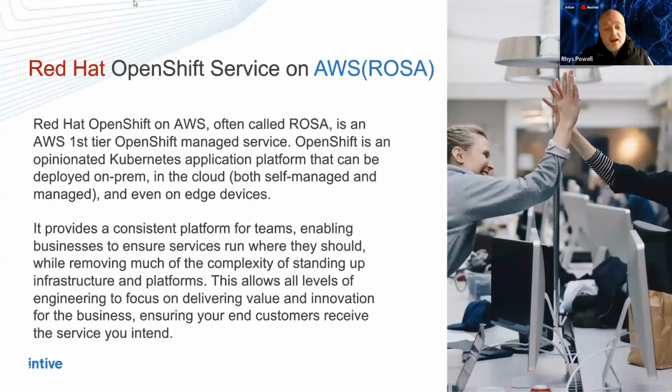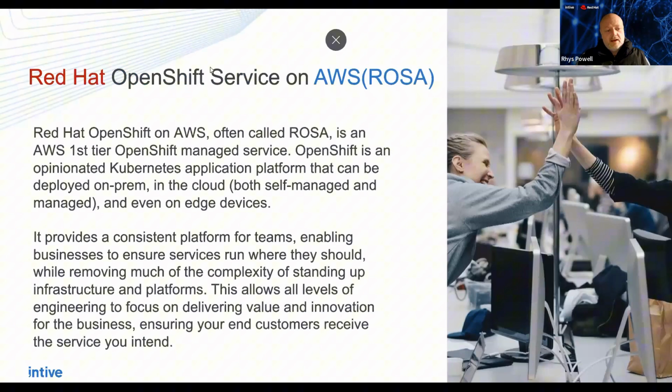Thanks, Harshika. I'm Reese Powell. I'm a senior managed OpenShift black belt from Red Hat, so I support our managed cloud services. Red Hat OpenShift on AWS is an application platform. It is built on top of Kubernetes, and as Harshika has mentioned about doing what Red Hat does best, which is taking open source software and making it ready and available for the enterprise.